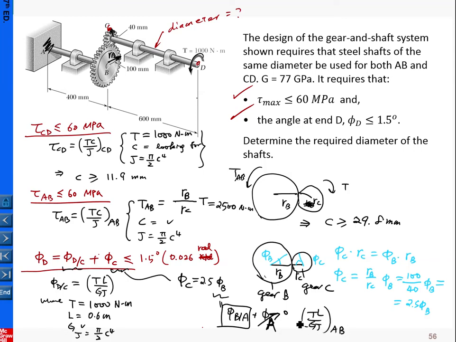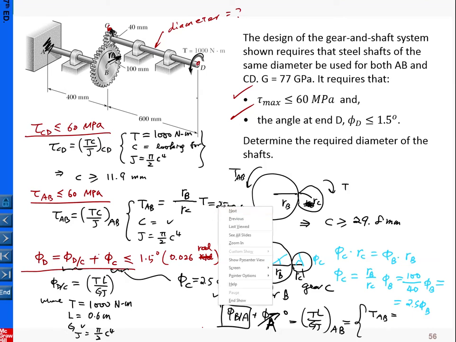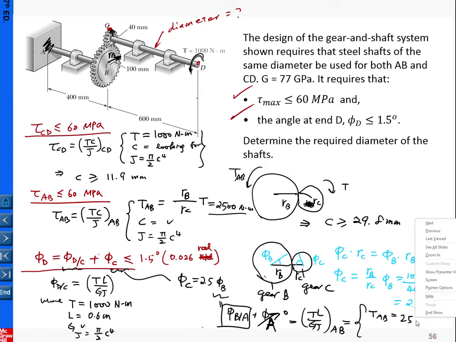The torque in shaft AB we determined earlier is 2500. L is the shaft length, 400 millimeters, 0.4 meters. G is the material property, and J is the same number because both shafts have the same size.